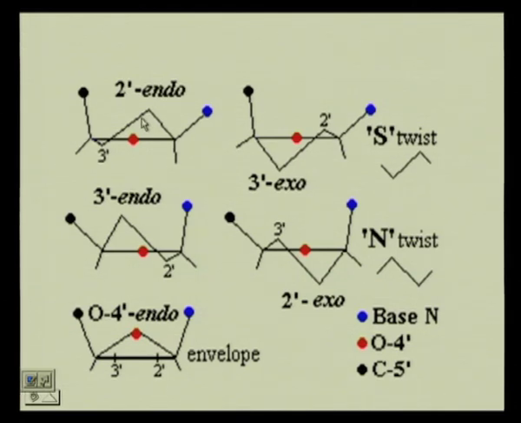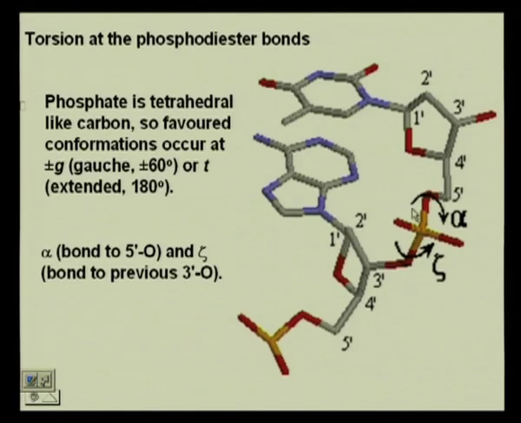That is changing the position or the orientation of the base and also the phosphate. But you can also have rotations about these two angles. What is that going to lead to? That is also going to lead to changes in the positioning of the bases. The changing in the positioning of the bases is going to help in the bond formation that we are going to see later on.